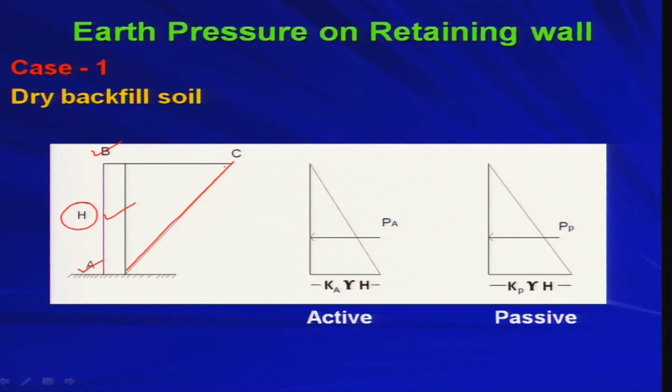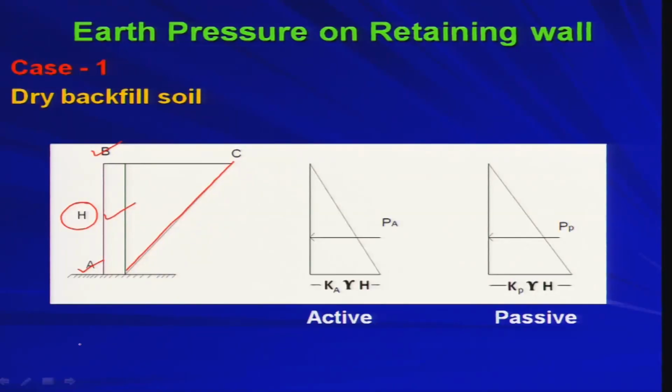Now, if I want to find out the active earth pressure, or the distribution of active earth pressure on this wall, how will I find it? As you know, the active earth pressure P a is equal to K a into gamma z, where gamma z is nothing but sigma v and P a is nothing but sigma h.